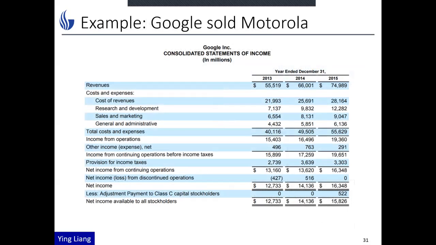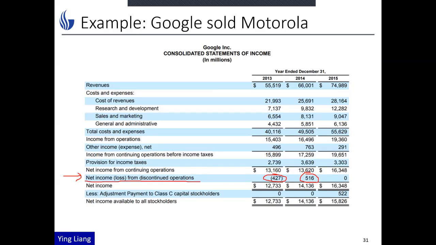So if we see the Google one here, again, we look at this line, net income from discontinued operation. This positive 516 is already net of the tax caused by these discontinued operations. And this negative 427 is already plus the income tax benefits.